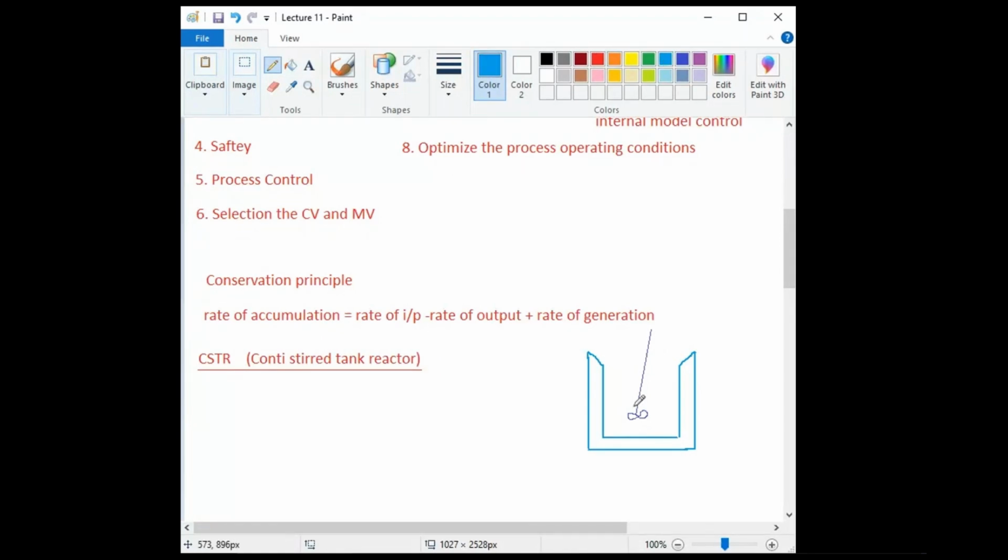And this is the liquid, and we have liquid coming inside this tank, and we have liquid going out.